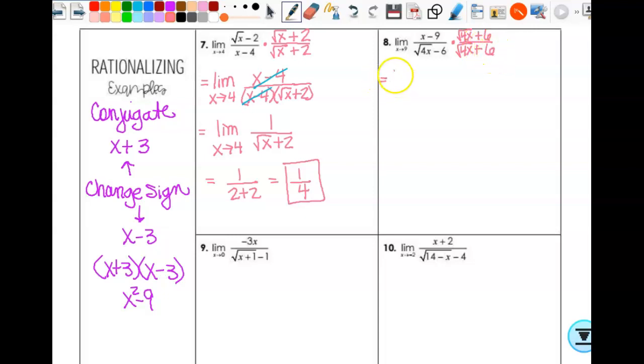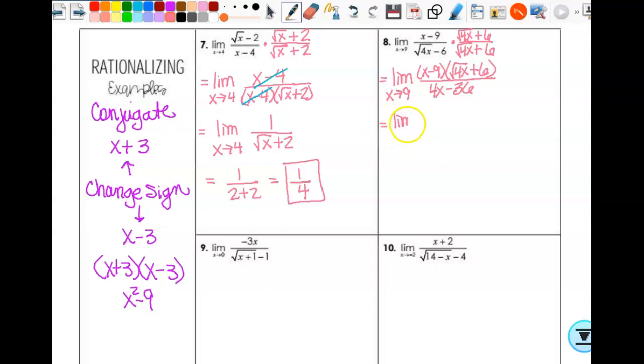Okay, so that'll give me the limit as x approaches 9 of, in the numerator, x minus 9 times the square root of 4x plus 6 over difference of squares, so I square the first one and I get 4x minus 36. And right now nothing matches, so I can't reduce anything, but I can factor out the GCF in the denominator.